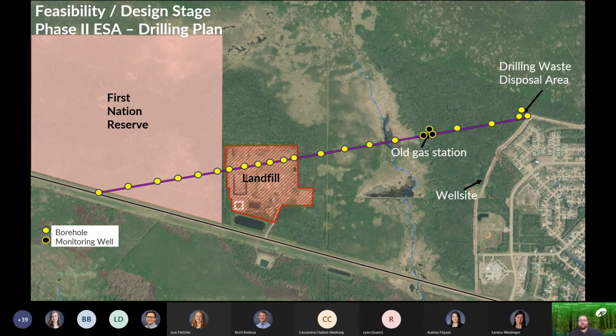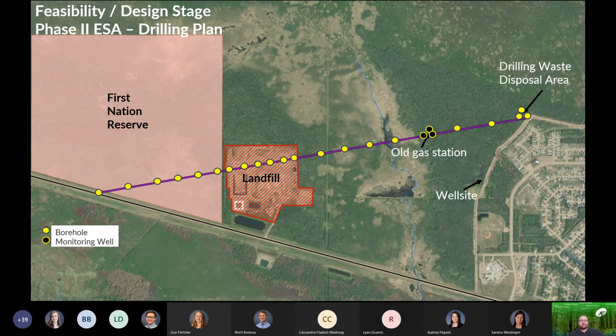Parameters being sampled will be dependent on the contaminants of concern and may not necessarily be analyzed at every location or sample depth. Typically for a roadway, depending on the conditions, salts and metals are analyzed throughout the entire project area, as there could be naturally occurring salts and naturally occurring metals, and we want to have a good understanding of what that is.